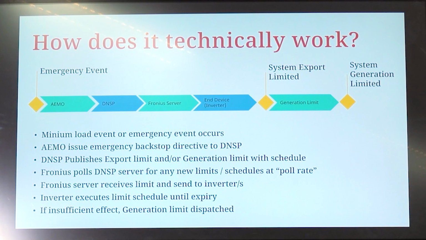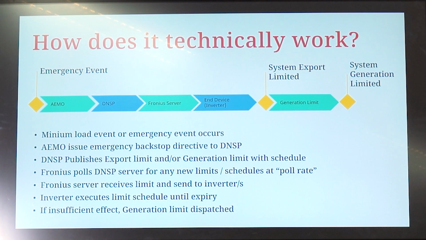Then the DNSPs enter it within their utility server. So each DNSP has what they call a cloud utility server that contains the constraints or the limits that need to be picked up by the OEMs or the inverters, etc. So they will then publish within their system what the export limit or generation limit is.